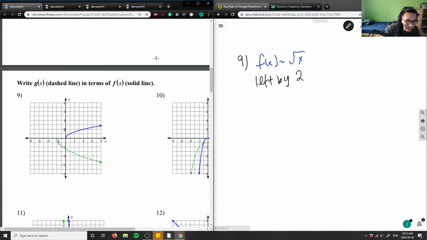It was 1. This is 1 on here, and if I move 1, it looks like it's at about negative 2, so that's not a very good point to take.